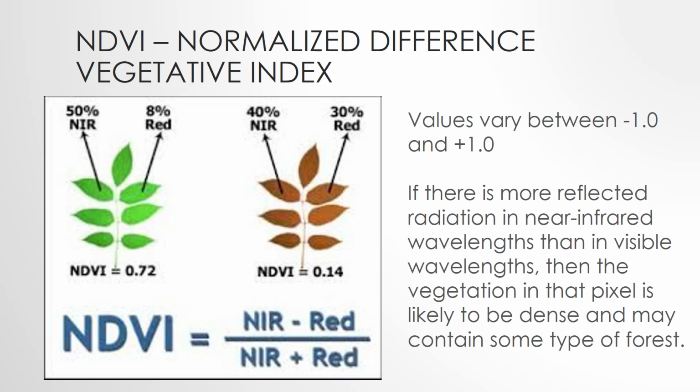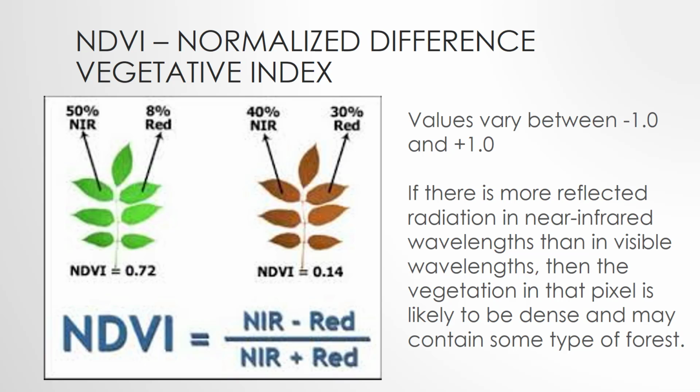And the image here of leaves is showing a healthy plant on the left with an NDVI of 0.72, and on the right is an unhealthy plant showing an NDVI of 0.14. So unhealthy plants can be plants that are in the senescence or falling off period or the browning of leaves. It can also be plants that are water stressed.